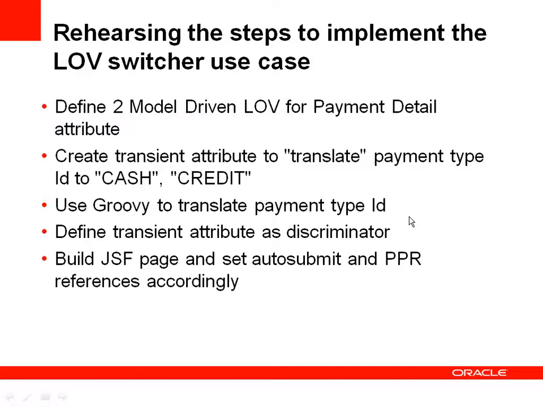On the view layer side, all we had to do is to make sure that we issue an auto submit just in case the payment type ID is changed by the user working with the form. And this is exactly the same as if the user worked in the form or in an editable table.